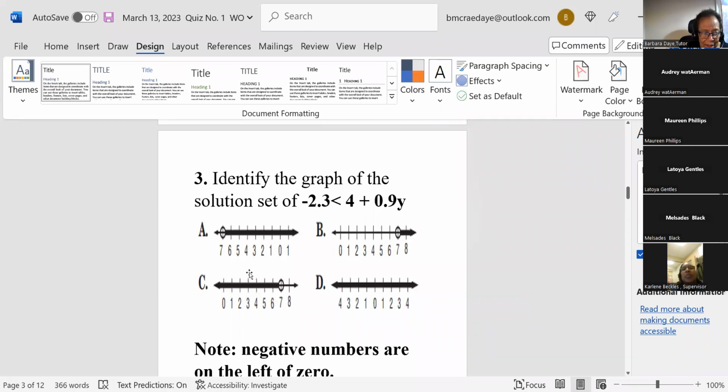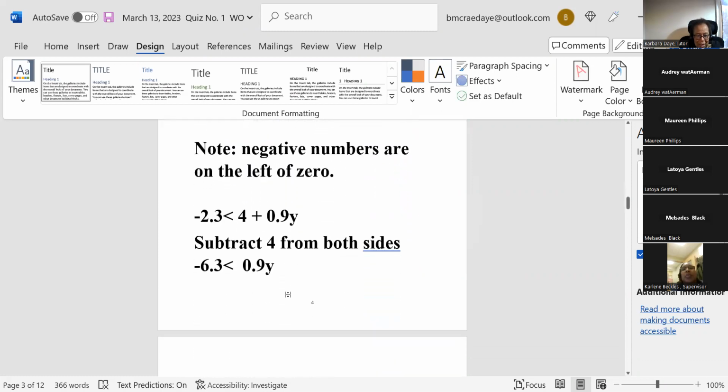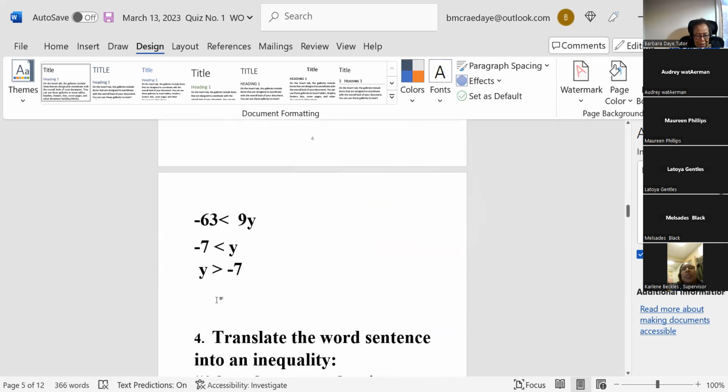That's right, A. Because see, this is a 0 and these are negatives. So going in this direction is increasing. So the answer would be A, because going from left to right is increasing, so greater than a negative 7. Everybody got that?